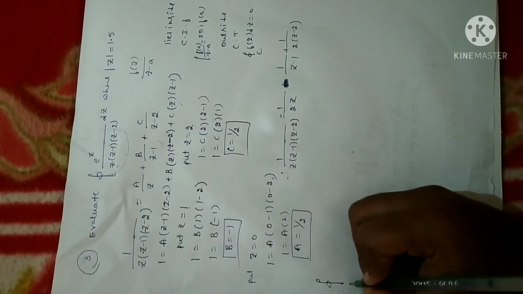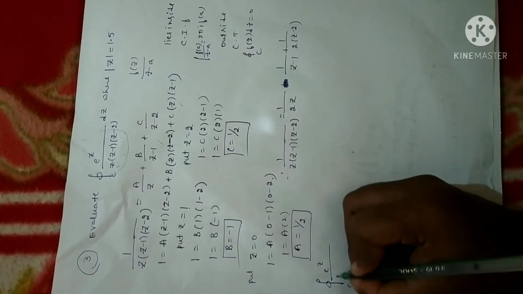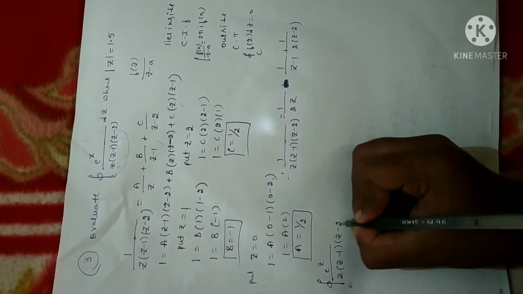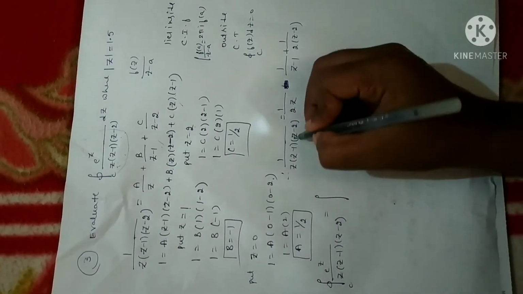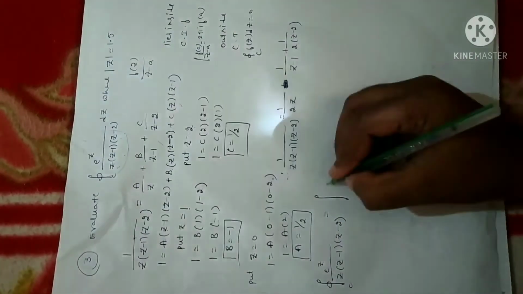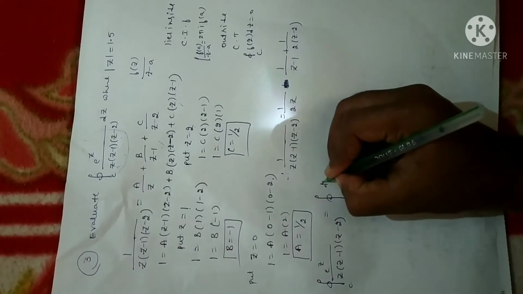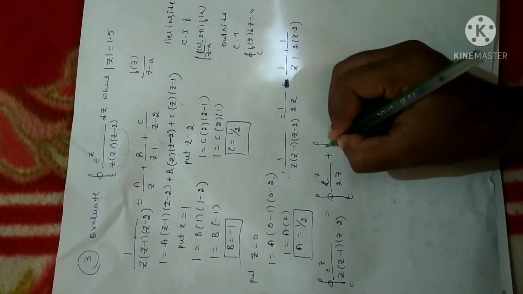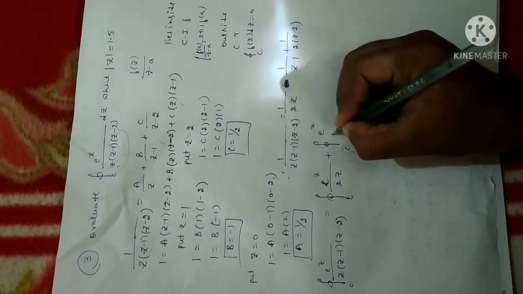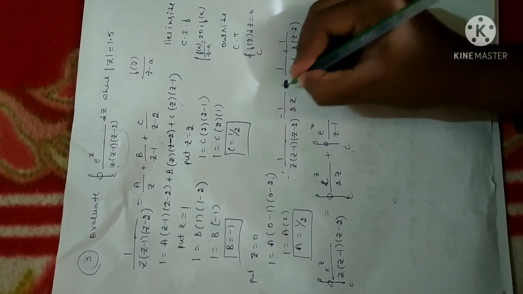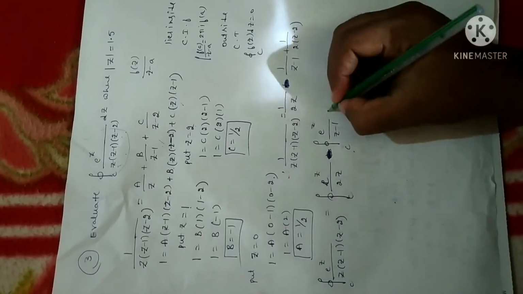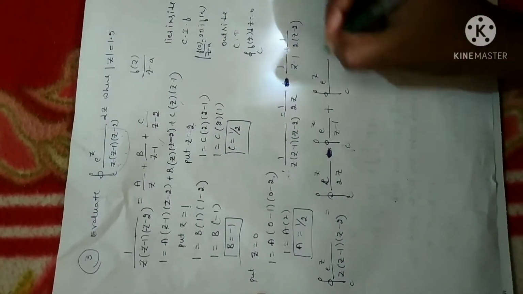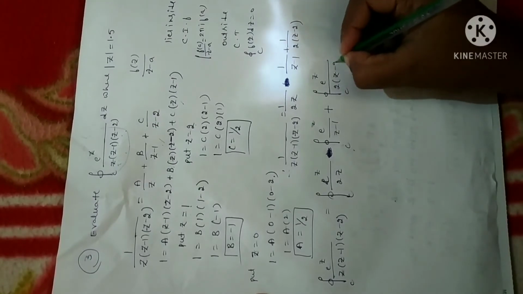So how can I write the given integral? e power of z divided by z into (z minus 1) into (z minus 2) can be written as, I'll just replace this value, so that you will get the integral over C of e power of z divided by 2z, minus the integral over C of e power of z divided by (z minus 1). I'm sorry, you have minus here, so you have to put minus here also, plus the integral over C of e power of z divided by 2 into (z minus 2).